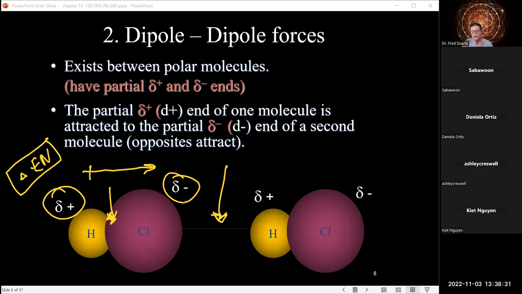Because the partial negative will be attracted to the partial positive side of another molecule. Now here we're showing you the picture two-dimensionally, but remember, we live in a three-dimensional world. And so this is going on above and below and behind and up front, in all three directions. And so there's a lot of interaction going on.